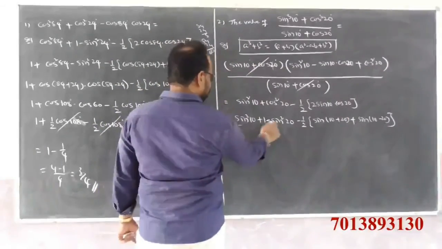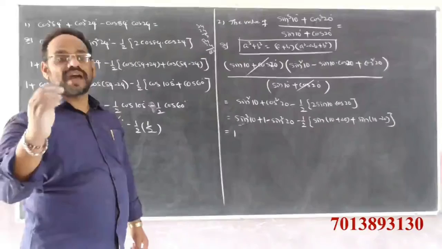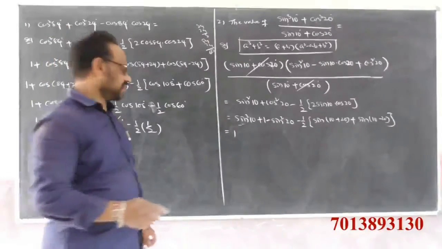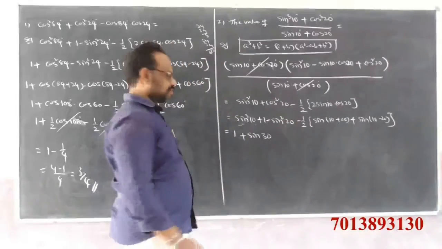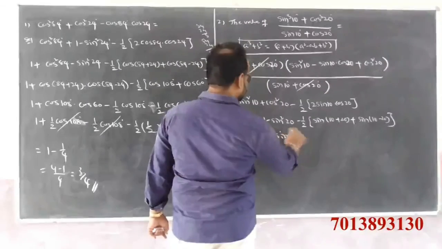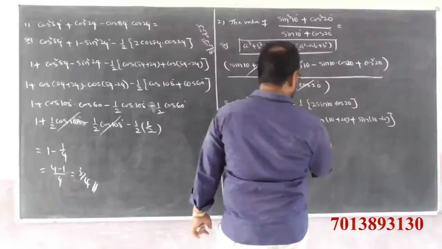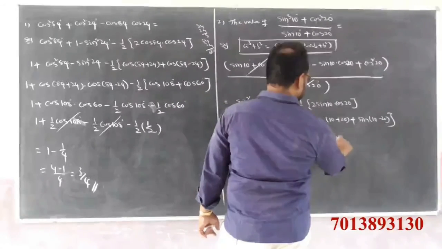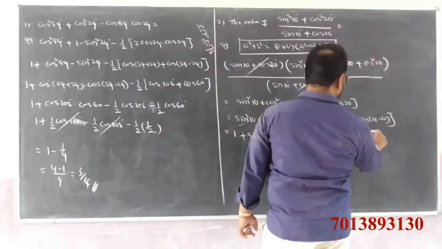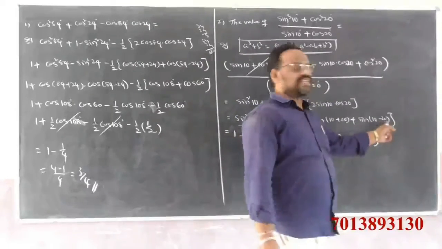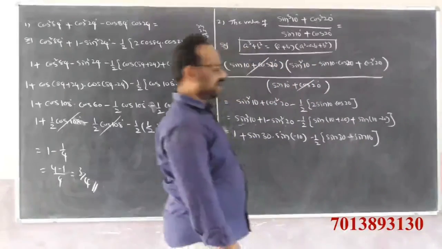Observe here, sin square A minus sin square B. We have a formula, that is sin sum into sin difference. So plus sin sum, that is sin 10 plus 20, into sin difference, that is 10 minus 20, we get minus 10. Minus 1 by 2 into, we have sin 30 plus sin of 10 minus 20, we get minus 10. Sin of minus theta is minus sin theta, so we get minus sin 10.